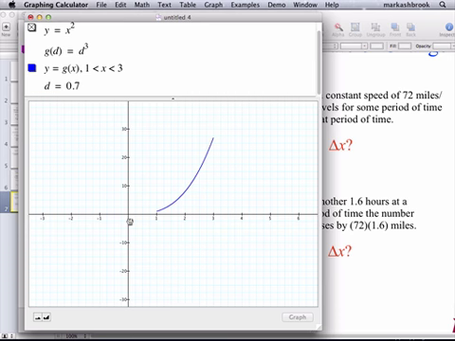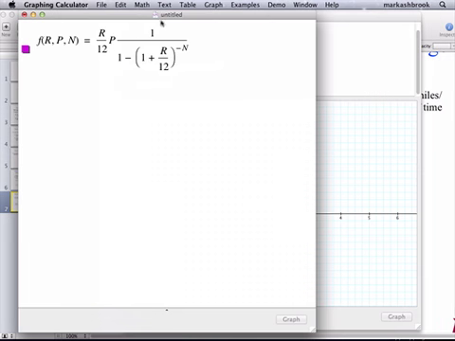Okay, so let's quickly look at the function we ended with on page 3 last time. Remember that? So what I want to do now is graph this function with the input being number of payments.